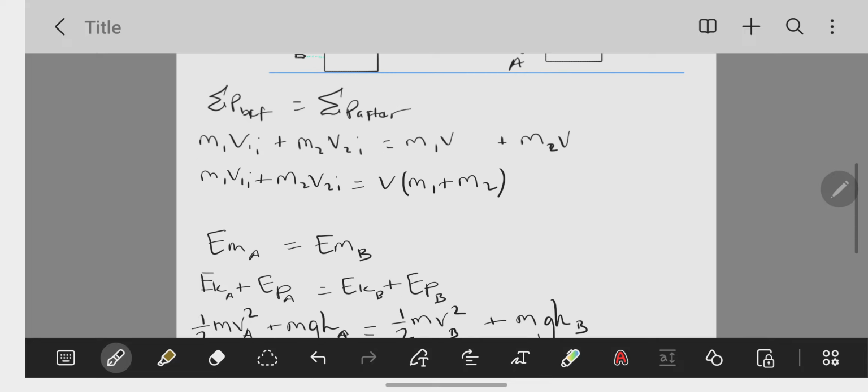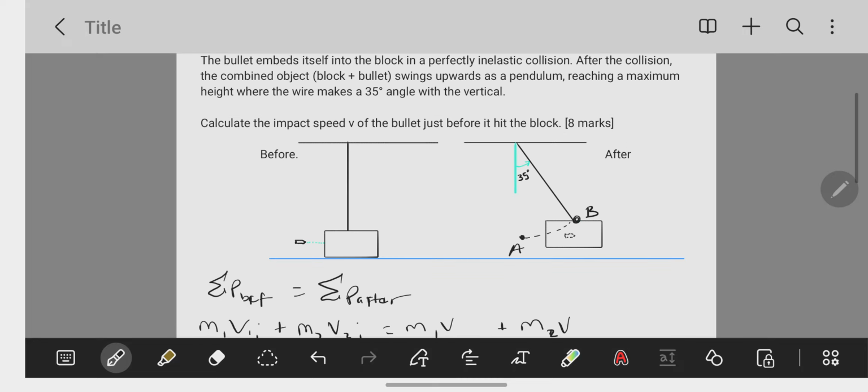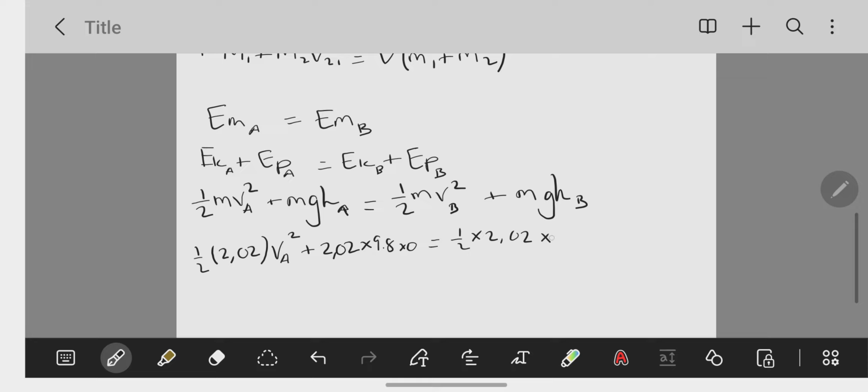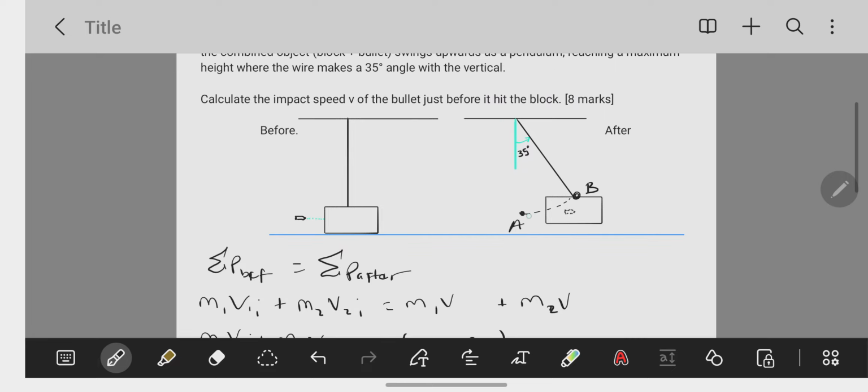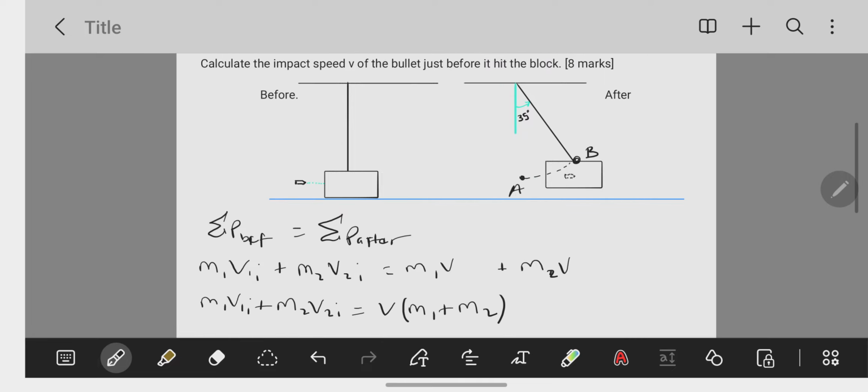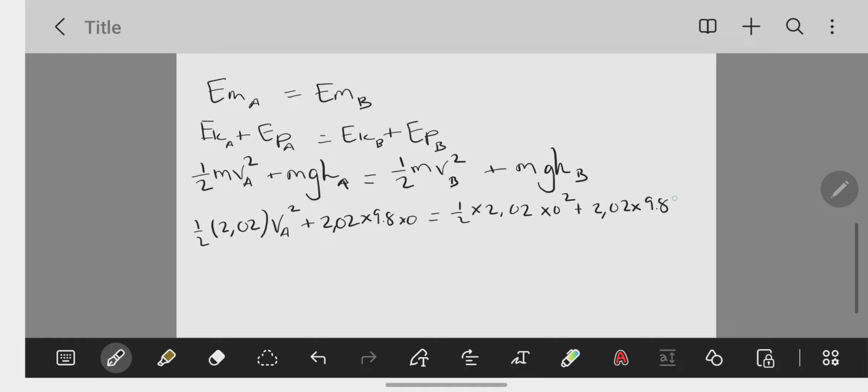Now, as it swings up, it's going to stop there. So our final velocity will be 0 squared there, and then plus 2,02 times 9,8. Now, we have a bit of an issue here because we don't know what that height is. So I'll leave it as HB for now. So now we know that becomes 0 and that becomes 0.